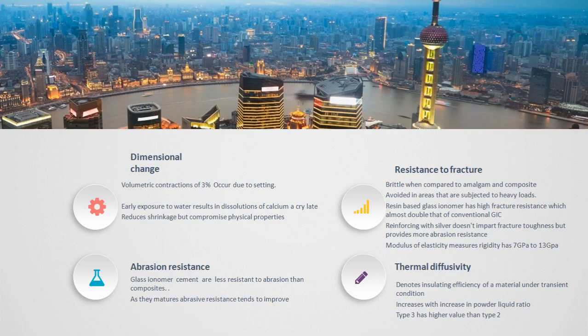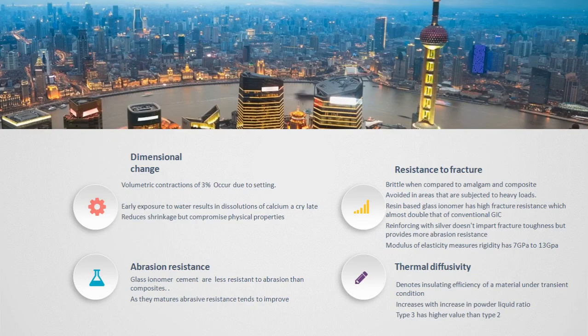At the same time, it is brittle and tends to break, so it is not indicated in heavy load situations. Resin modified glass ionomer cements have high fracture resistance, almost double that of conventional glass ionomer cements. They are used in cervical areas and also in areas with heavy loads.